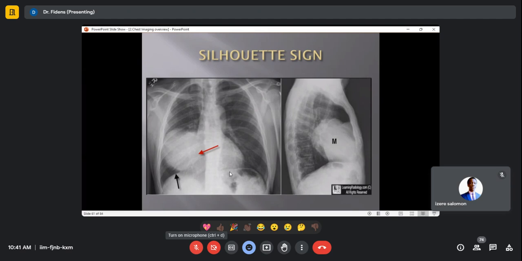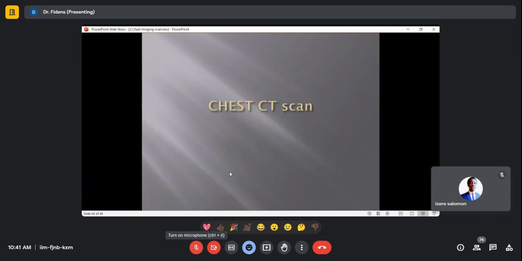Okay, let me continue. This is not theoretical, we cannot understand it by just talking unless I show the images. Remember, this lecture is about the overview of chest imaging generally. I will not go into specifics of how to interpret a chest radiograph.